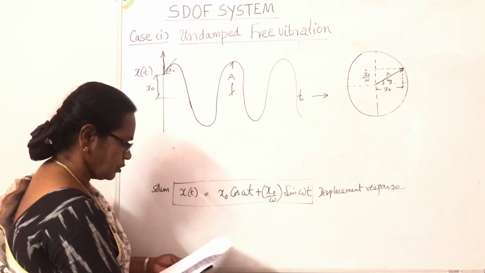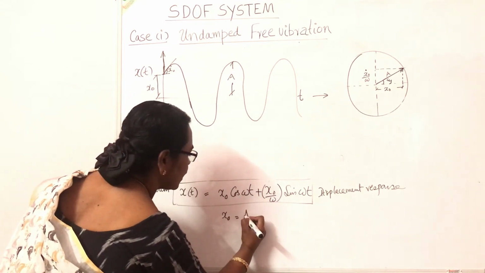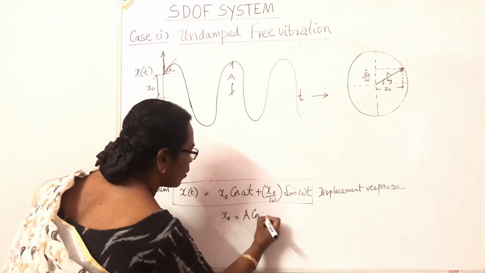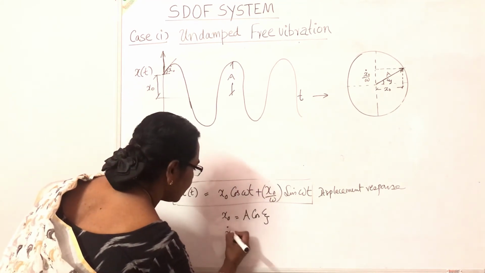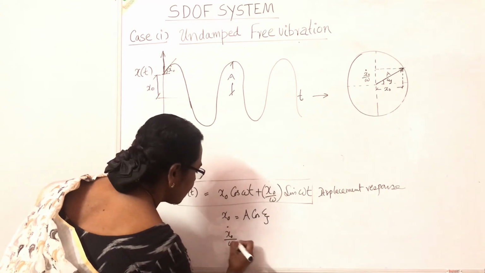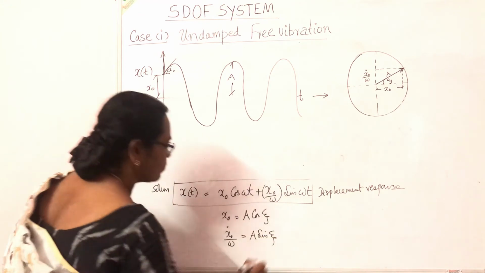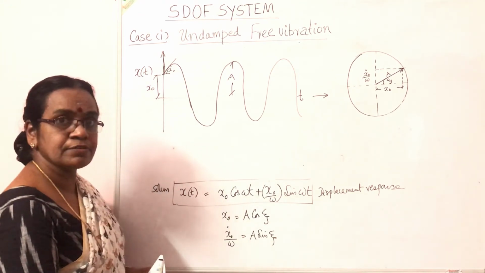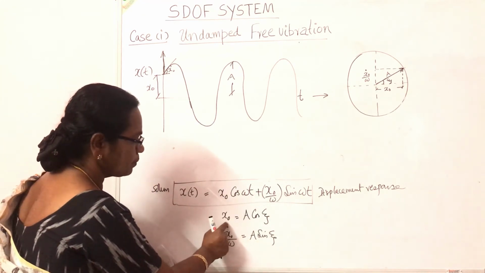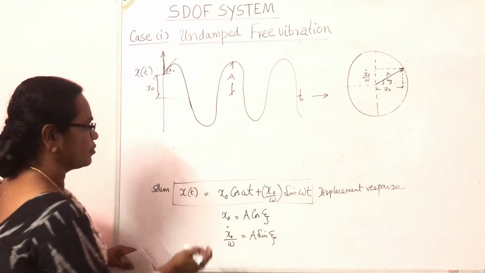Here I am going to use the substitution: say x0 is equal to amplitude A cos psi, and x0 dot by omega, I am going to make another substitution, A sin psi, where A is called the amplitude and psi is called the phase difference. I will come to that. So when we make these substitutions, we can rearrange this equation. See how it gets rearranged.